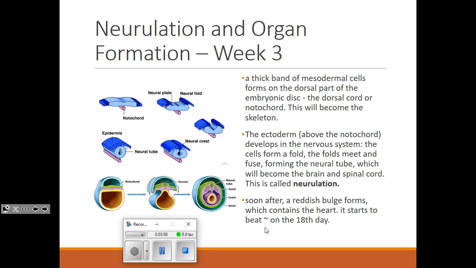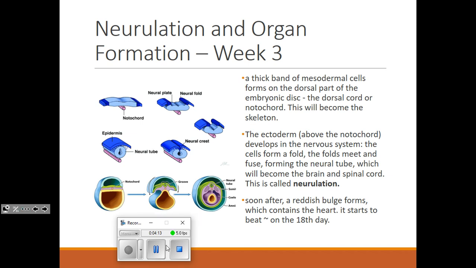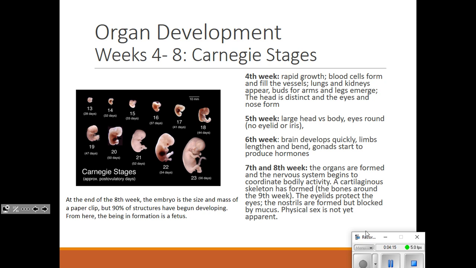Then soon after, this little red bulge will start to form in our developing embryo. It's where the heart is. On or about the 18th day, it starts doing stuff. Now, you can't hear it at this point because structures are not really formed to any degree. But what happens after that?